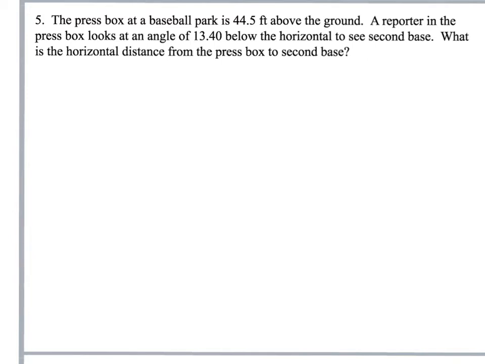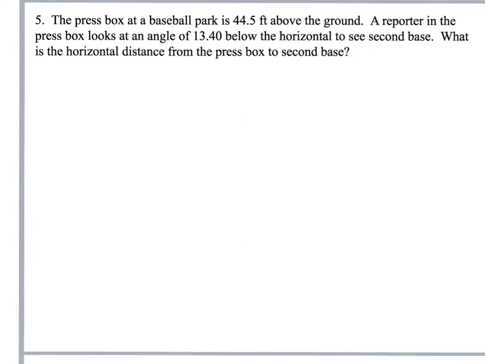A reporter in the press box is looking at an angle of 13.4 degrees below the horizontal to see second base. So we want to know the horizontal distance from the press box to second base.